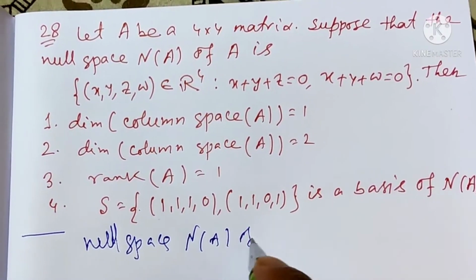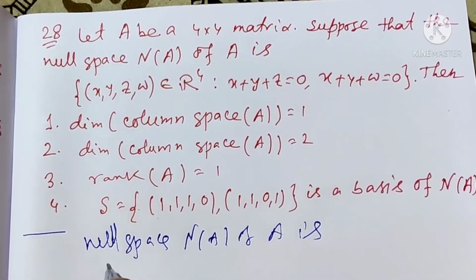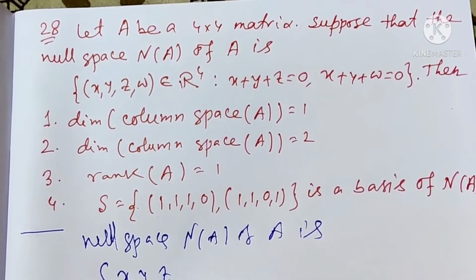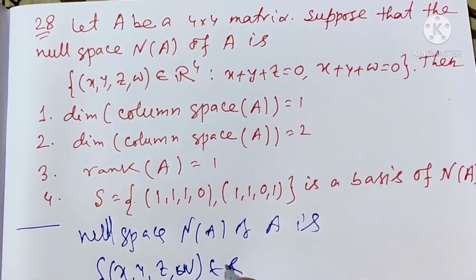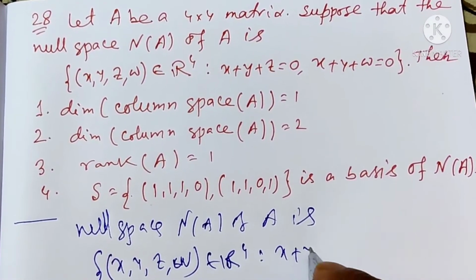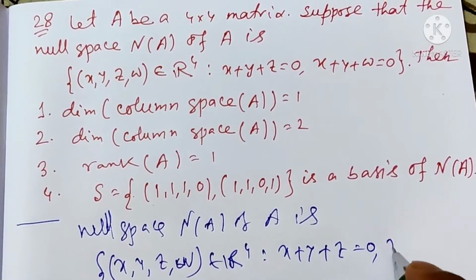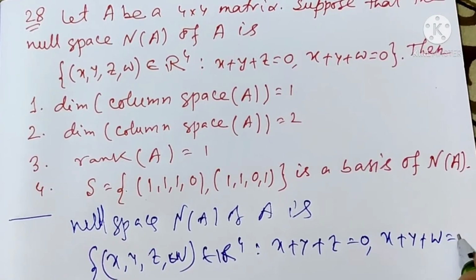Null space N(A) of A is the set of (x, y, z, w) belonging to R to the power 4 such that x plus y plus z equals 0 and x plus y plus w equals 0.